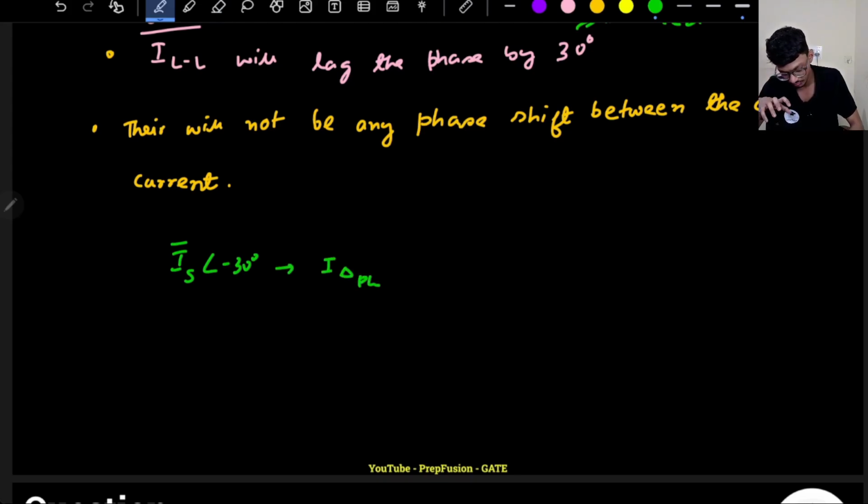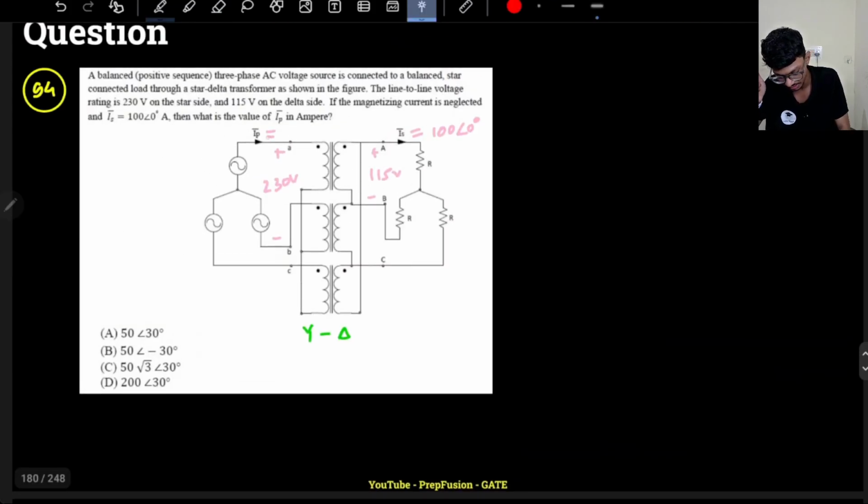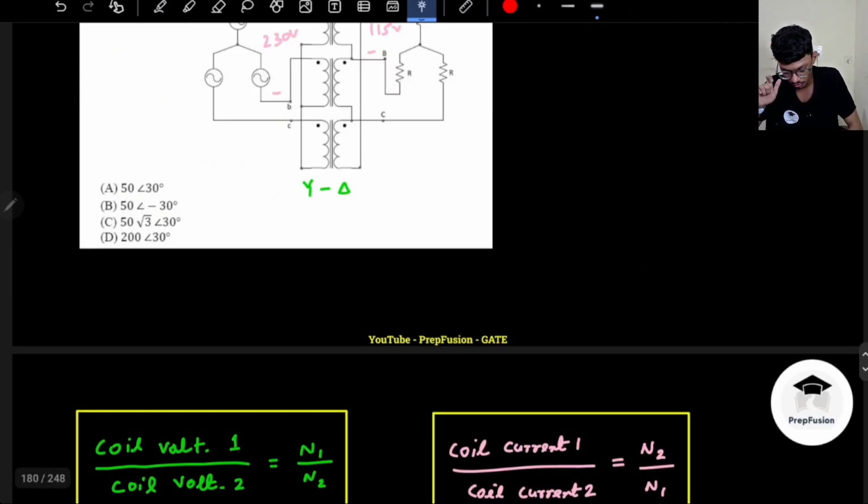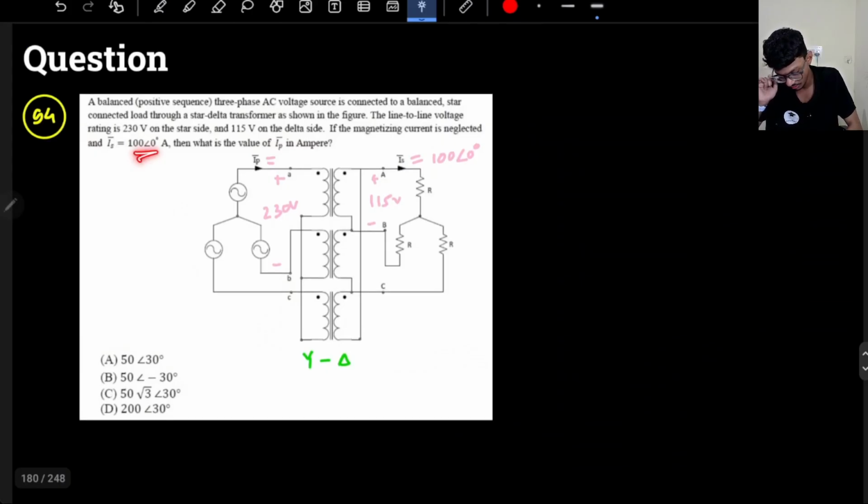And what is the phase difference between the delta current of the phase and the star current of the phase? It is 0 degree. Because the phase current and the coil current are the same, the same current is flowing through the coil and through the phase. So I can safely say, with respect to IS, IS is angle 0.